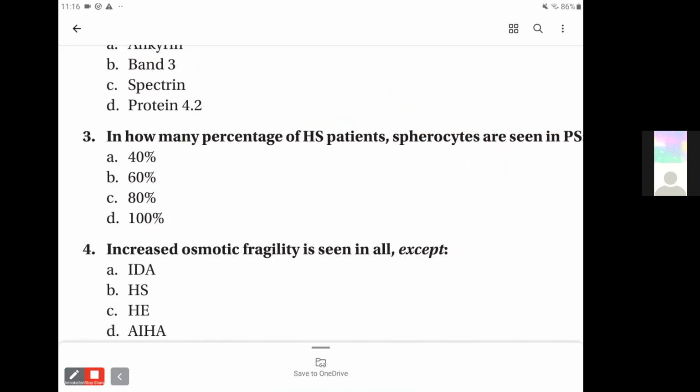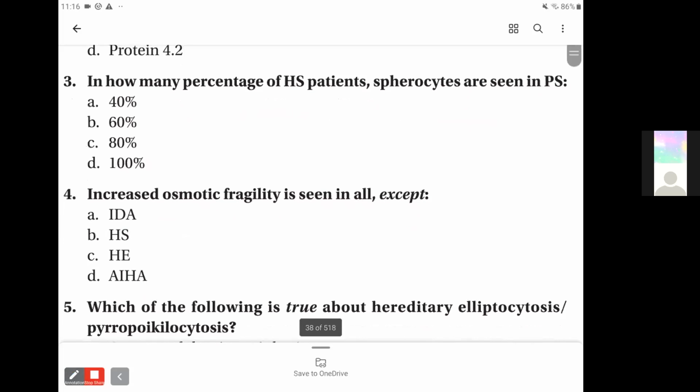Now, regarding the percentage, this is something we have to look up in the literature, and the answer they have referred to is 60%. We know about different percentages for autosomal dominant and recessive, and various percentages for the ankyrin defect and band 3. But the percentage of hereditary spherocytosis which shows spherocytes is written with reference to Williams.